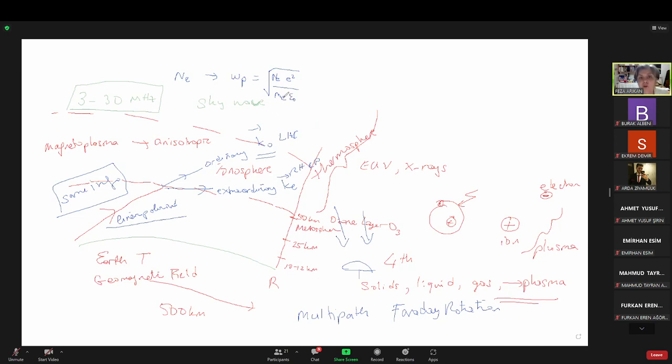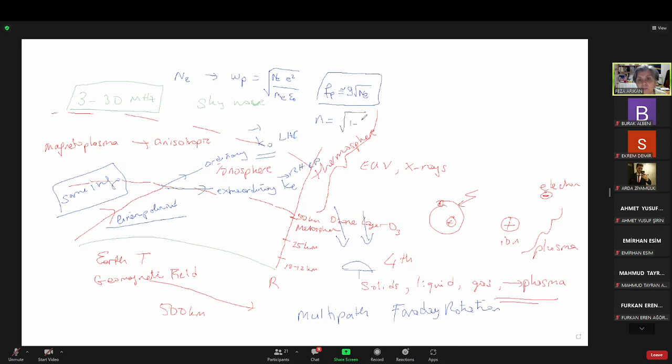That's called the plasma frequency. If you write it in terms of linear frequency, not angular frequency, this is about 9 times the square root of Ne.